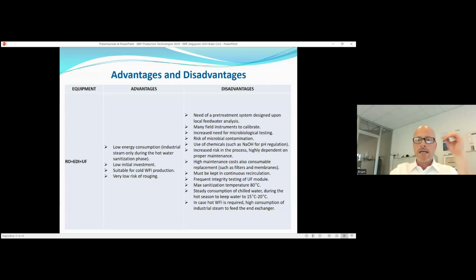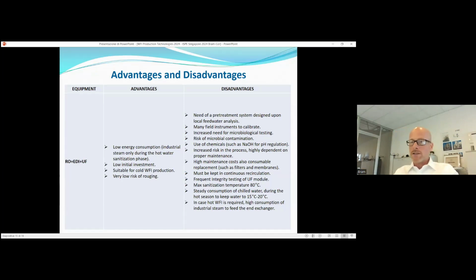It has consumption of industrial steam only during the hot water sanitization phase. The investment is, let's say, somewhat lower because you have just the reverse osmosis plus the ultrafiltration skid module. Meanwhile, for example, in the multi-column distiller, you need this system plus the distiller.